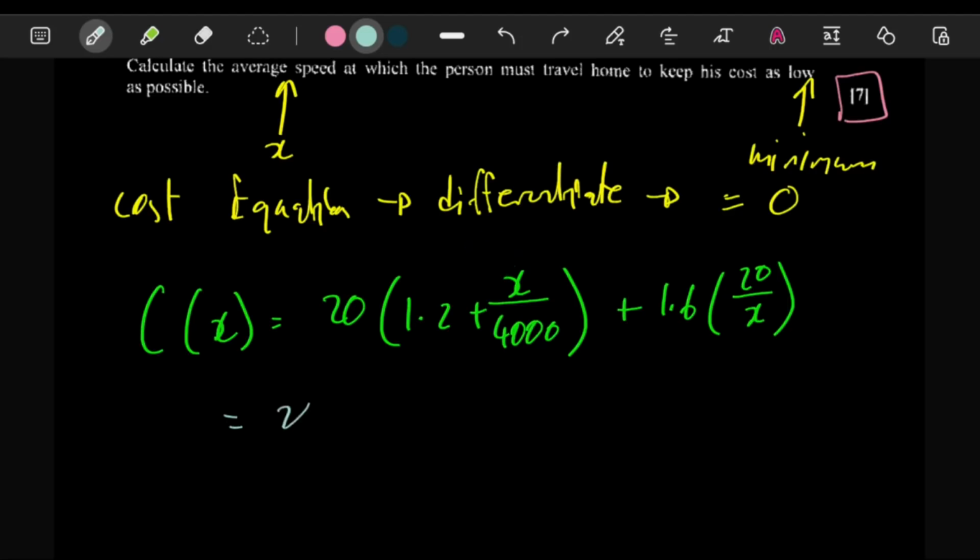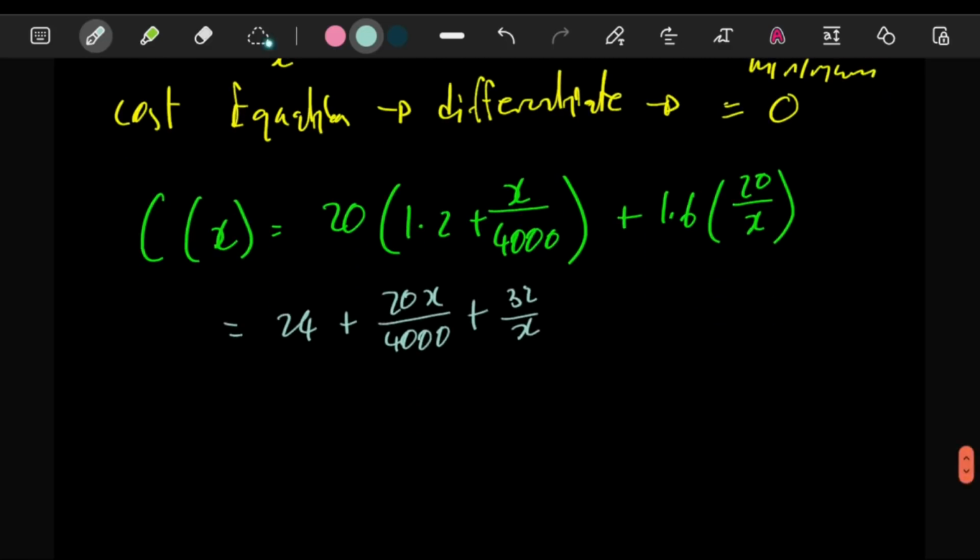So this is 24 only, plus 20x over 4,000. And then what is 1.6 times 20? 1.6 times 20 is 32 over x.